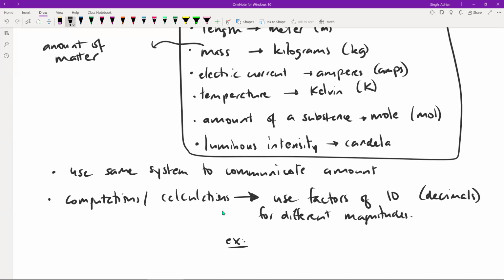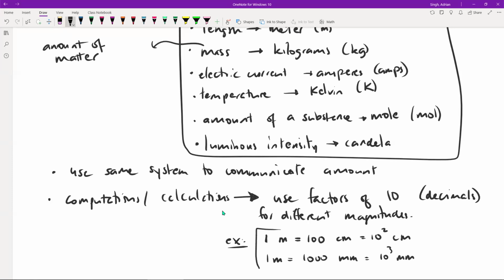For example, and we'll talk a lot more about this in a second, a meter is the same as 100 centimeters. This is the same as 10 to the 2 centimeters. And a meter is also equal to 1,000 millimeters, or 10 to the 3 mm.